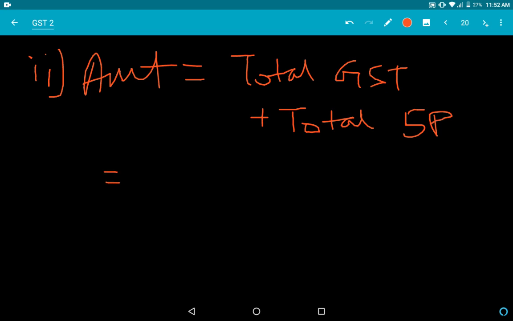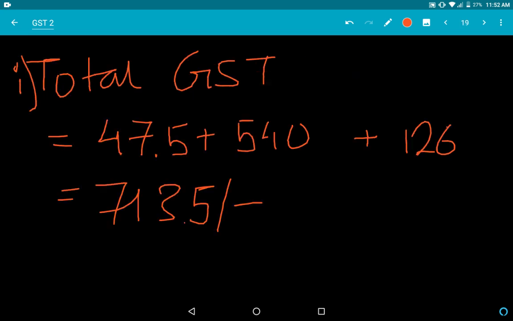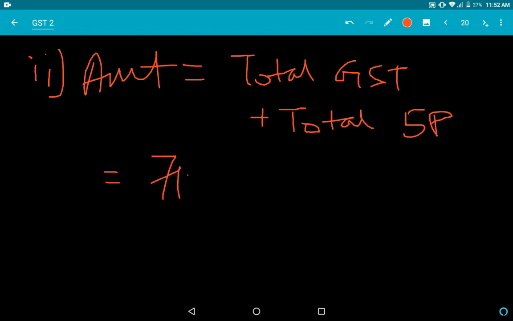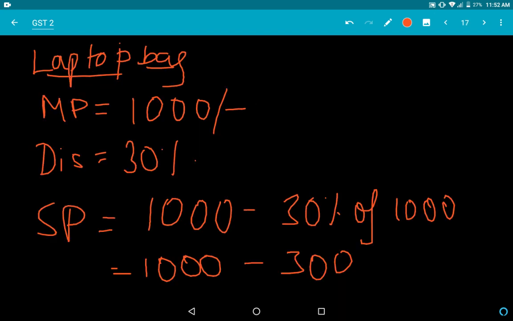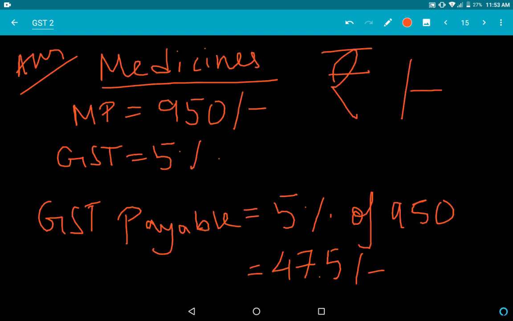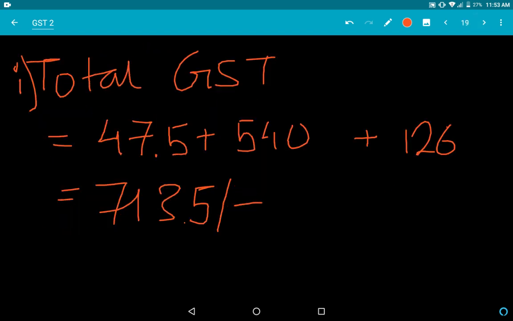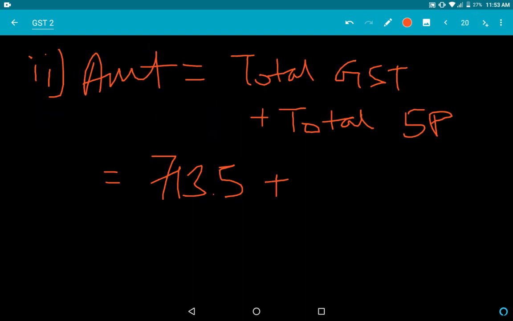So what is my total GST we calculated just now? 713.5 plus the SPs.